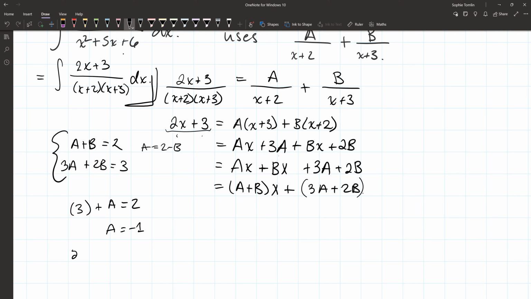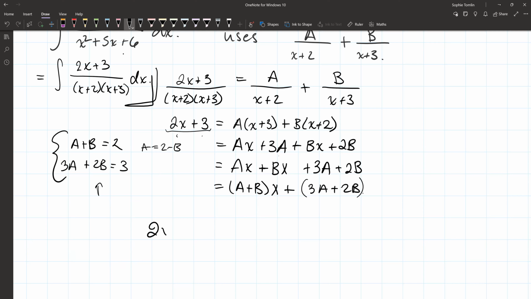We have 3 times negative 1 plus 2 times b, which we said was 3. What do we get? We get negative 3 plus 6, and that's also equal to 3. So using those smart choices for our system here, we now have our numerators for this part.